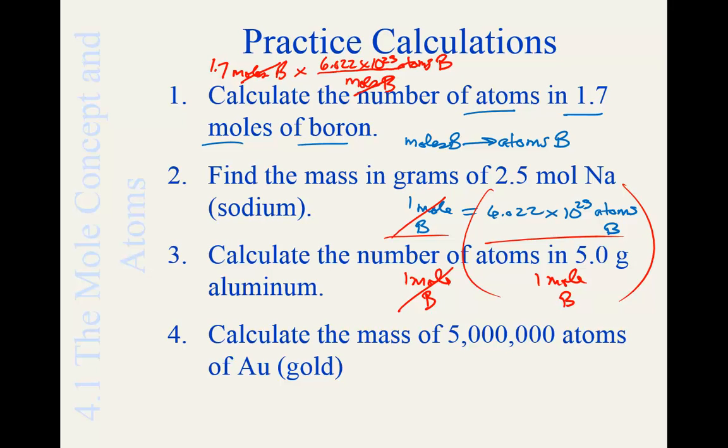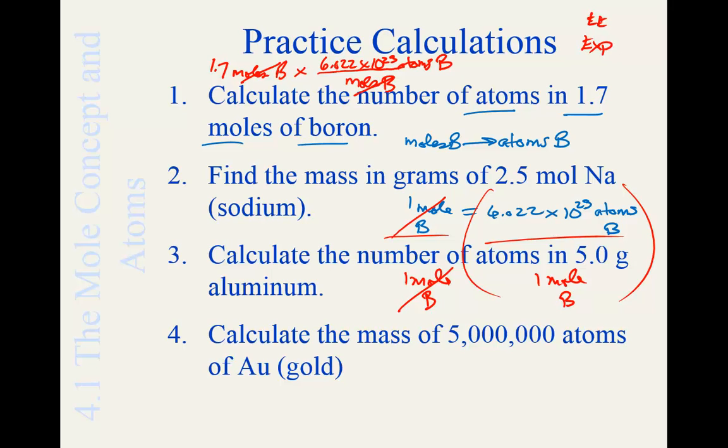And then we just need to take 1.7. On your calculator, you'll put in 1.7 times 6.022, and then you'll look for a key on the calculator that looks like this: EE if you have a Texas Instruments calculator, or EXP if you have a Casio or Sharp calculator.